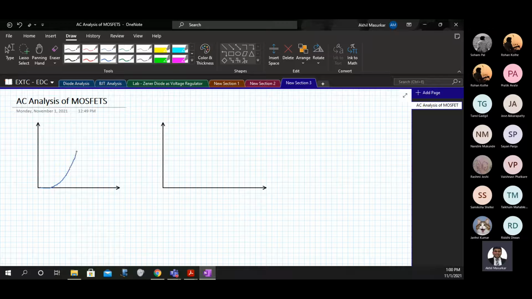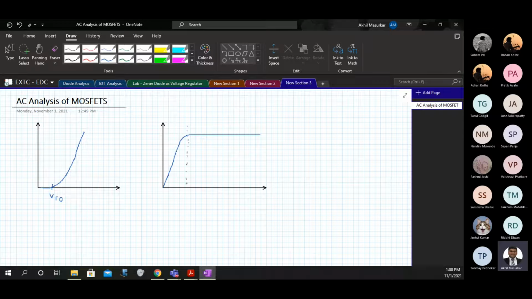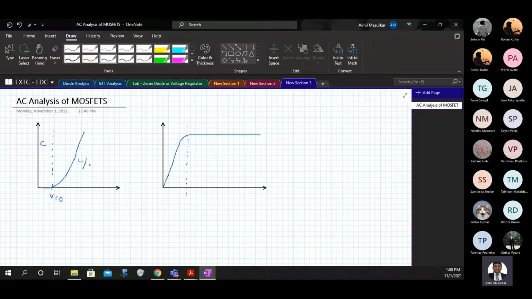My input characteristics was like this, and this was my threshold voltage, and my output characteristics was somewhat like this. So this was your cutoff, this was your linear or saturation. This is linear and this was saturation, and on both the y-axis we had ID.